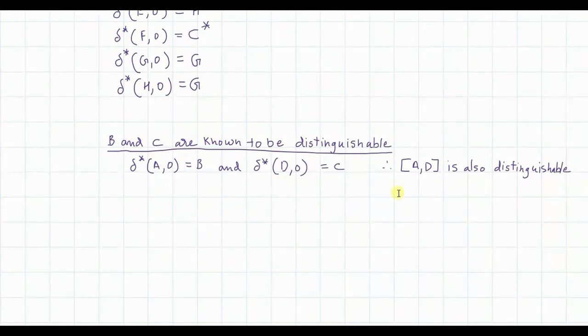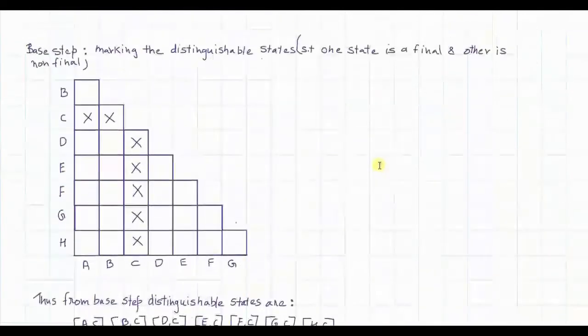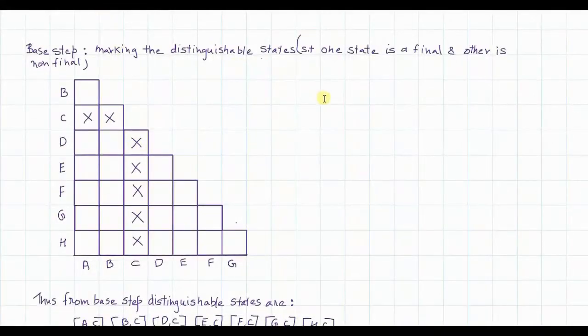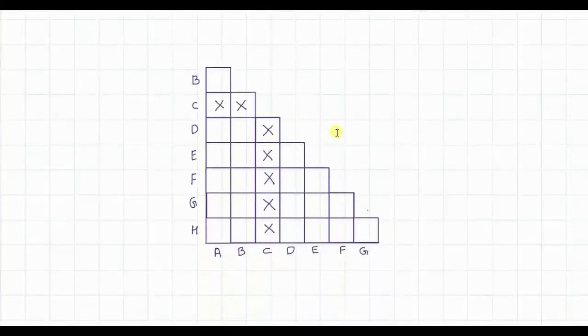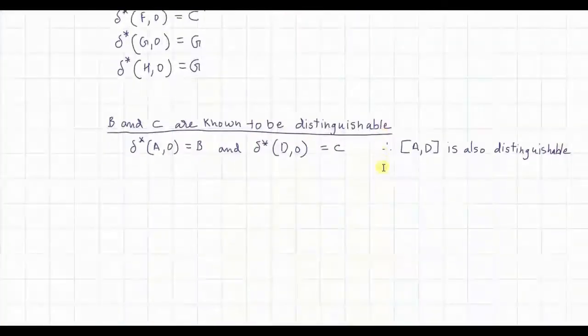In the table, wherever A comma D occurs, you mark it. So the newly discovered pair is A comma D, and I will mark that cell, which is newly found to be distinguishable. Then I continue further.